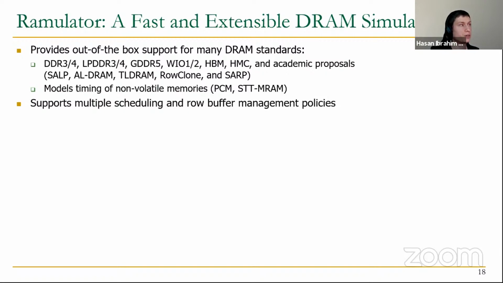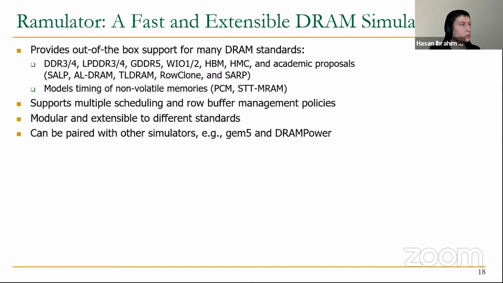I tried to explain what a memory scheduling policy is and why there can be different policies, but we will look into that in more detail. It is modular and extensible to different standards, unless the standard is completely different and diverges a lot from previous standards, which is not usually the case when you move from DDR4 to DDR5. The changes from the functionality perspective are mostly similar, at least.